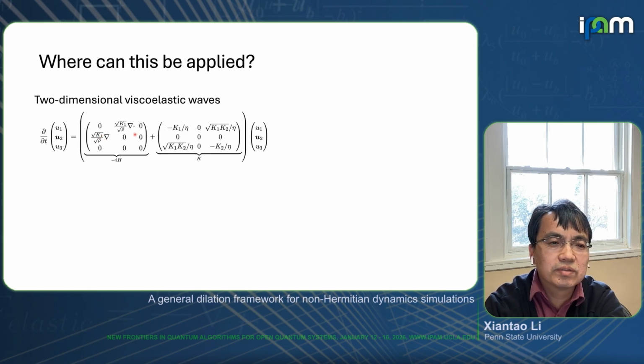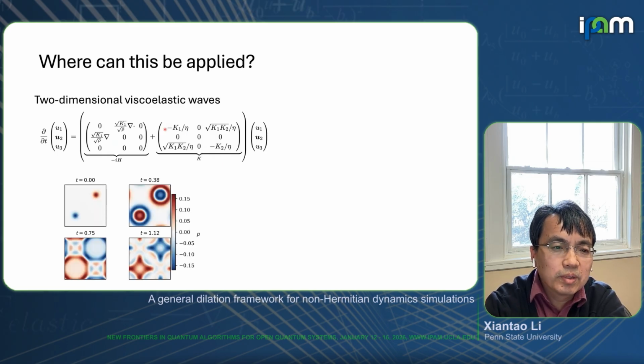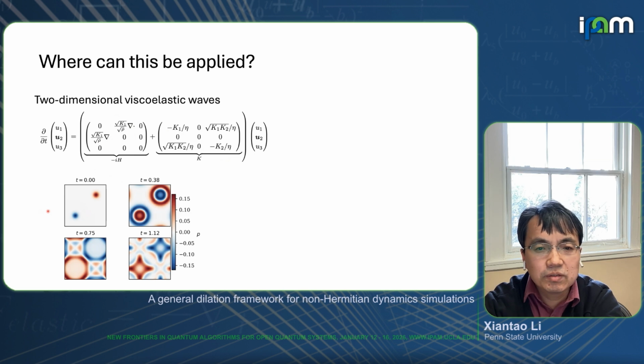So this part is sort of the second-order wave equation, but there could be viscosities or dissipations and things like that. You can apply direct finite difference approximations to discretize these. This is the actual dynamics, so what you're seeing is the pressure field.